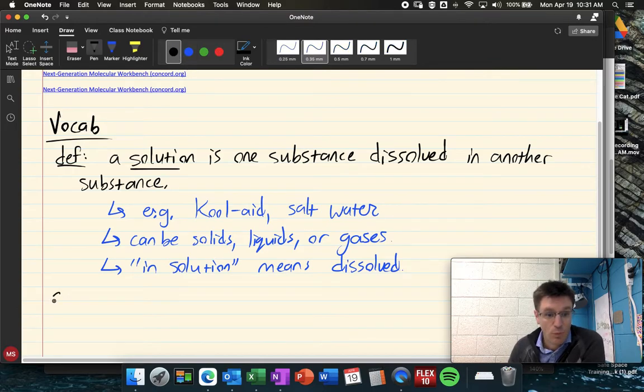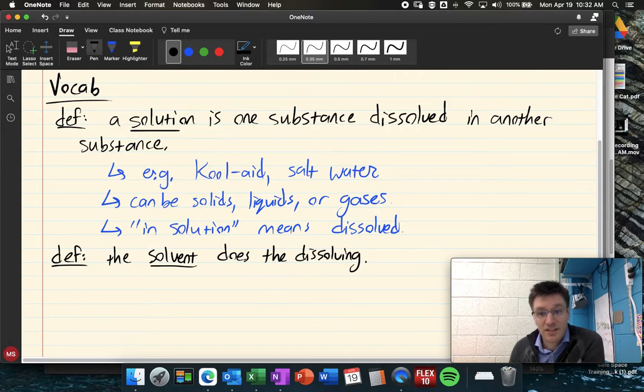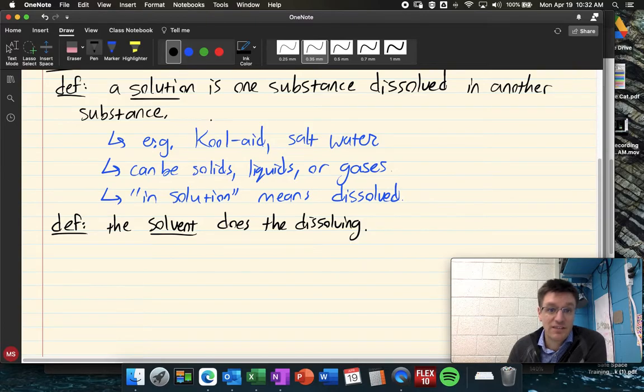Now, what does the dissolving? When you make a solution, the thing that there's more of is called the solvent. So if I'm making that solution of Kool-Aid, okay, the solvent is water.